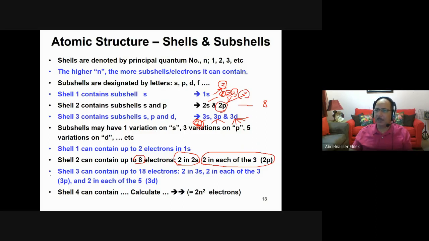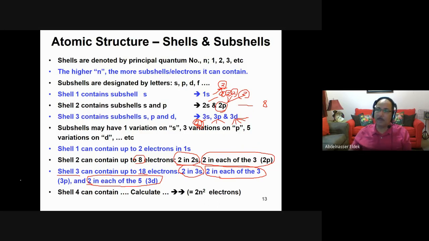Let's see, shell number 3 can contain up to 18. How? Because it has 2 in 3S and 2 in each of the 3 of 3P, 2 in each of them. That is 6, and 6 plus 2 is 8. And then 2 in each of the 5 of 3D, so 5 times 2 is 10. 10 plus 8 is 18.